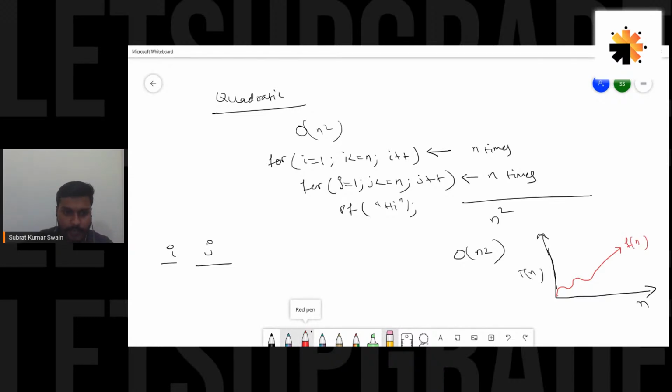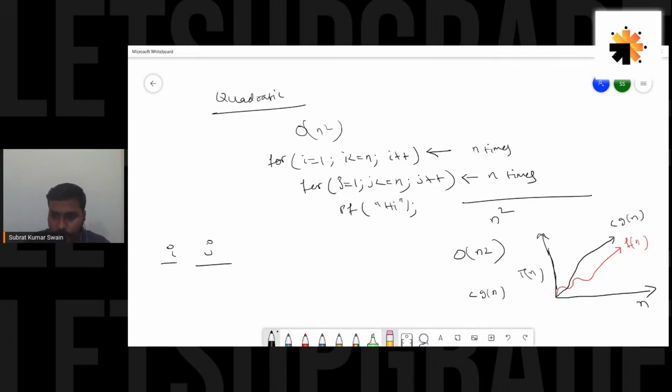I'm taking a function called c into g of n, where c is a constant and g is another function. Let's say it behaves this way, for example, c into g of n. g of n is another function, f of n is another function.